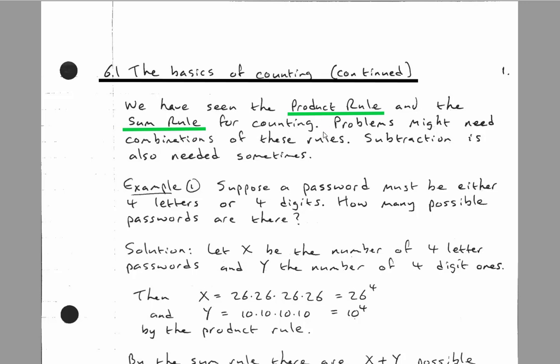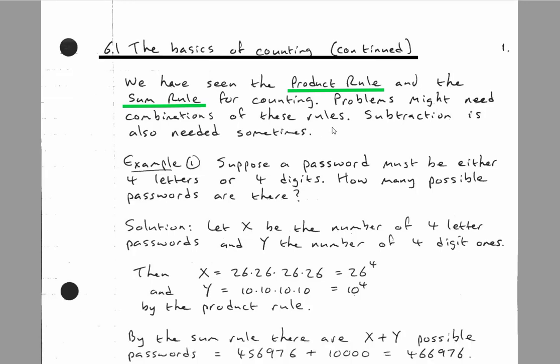When you're counting up ways of doing things, you're often multiplying or adding. You might need a combination of those two. Also, we see subtraction. That operation is needed sometimes.